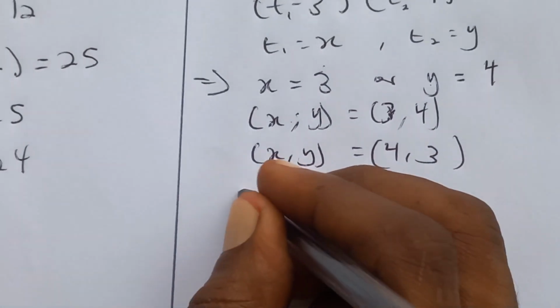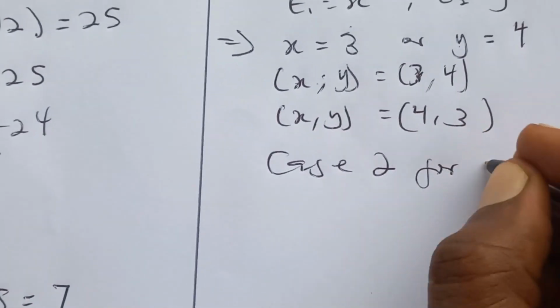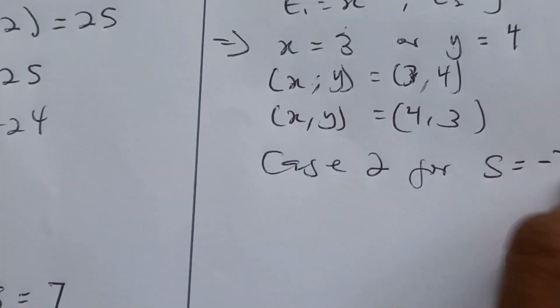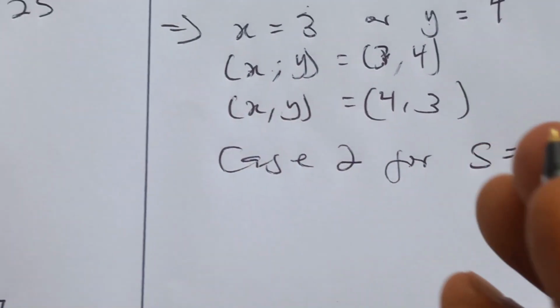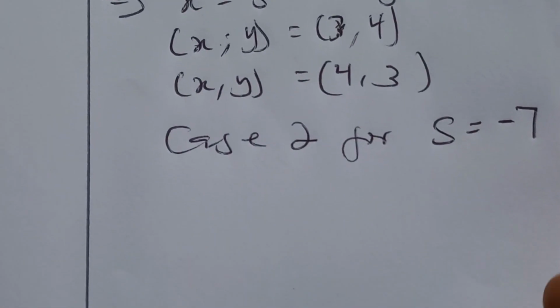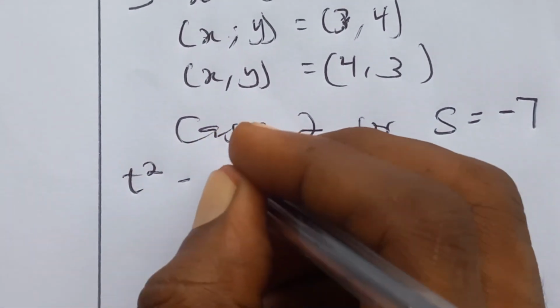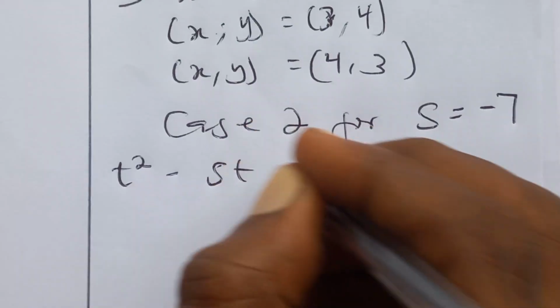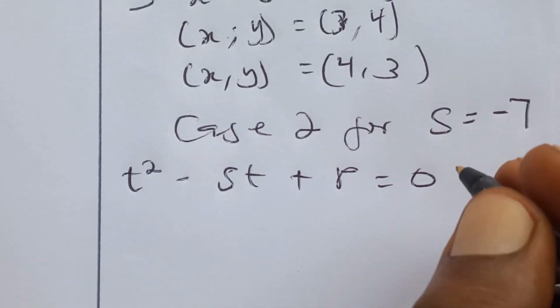So now let's solve for case 2, that one for s is equal to negative 7. So in this case, we also let x and y be the roots of the quadratic equation, which is t squared minus st plus p is equal to 0.